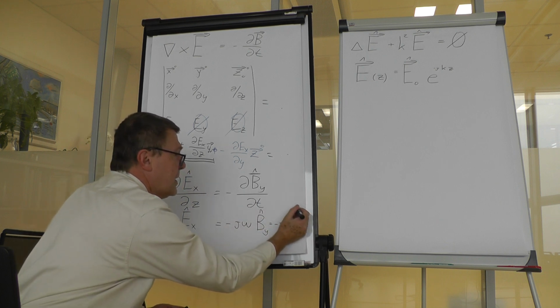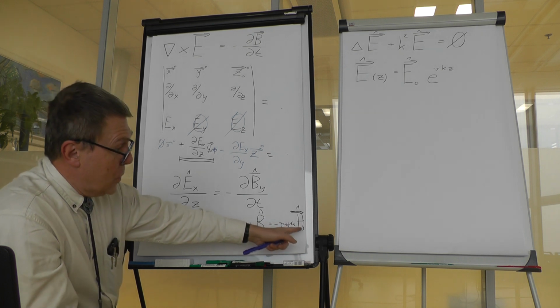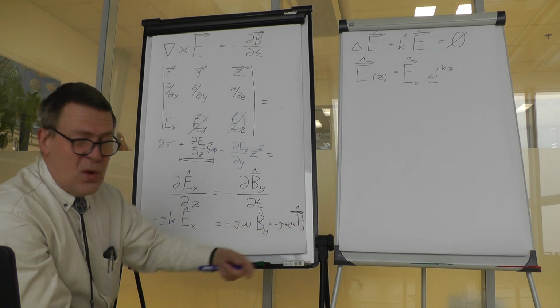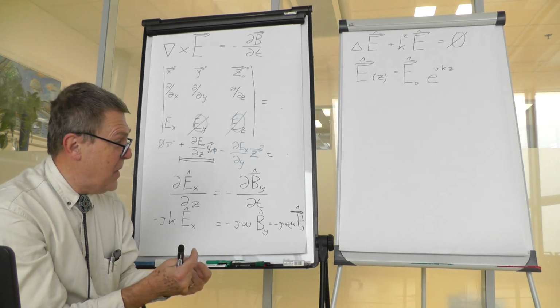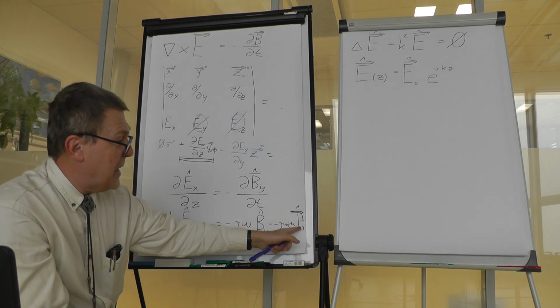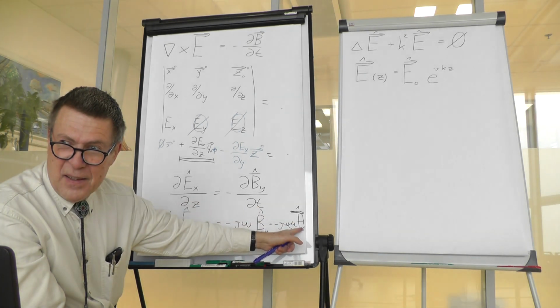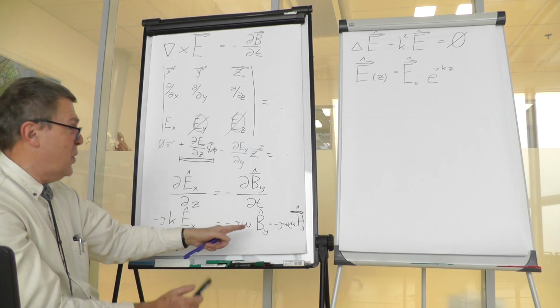Sorry, this is not a vector, this is only a phasor. But now what we can do to make it absolutely clear, we can describe the ratio between electric field strength and magnetic field intensity in a closed form. So let us do that.